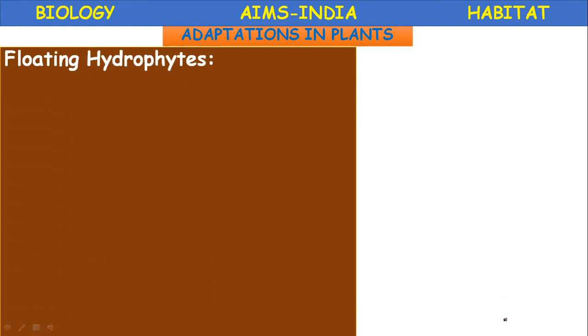Floating hydrophytes. The floating plants are small, light, and spongy. Their roots are not fixed, so they float on water. Duckweed and water hyacinth are the two best examples of floating plants.